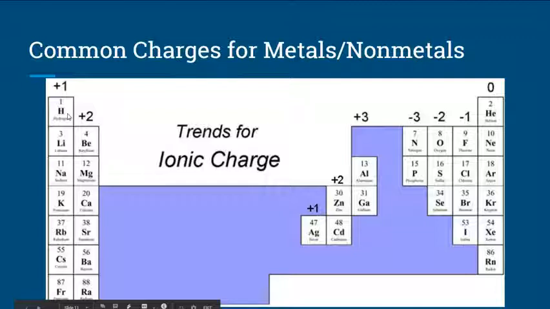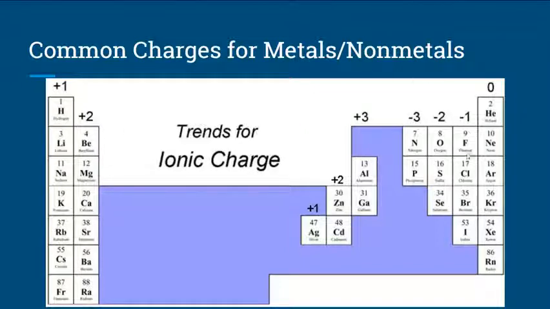But there are some common trends that occur where all group 1 elements, which only have 1 valence electron, always like to donate that electron to become a +1 charge. So everything that lands in group 1 is still an atom, but when it becomes an ion, it always becomes a +1 ion. Same for group 2, it gets rid of 2 valence electrons, so it wants to become an ion always with a +2 charge.